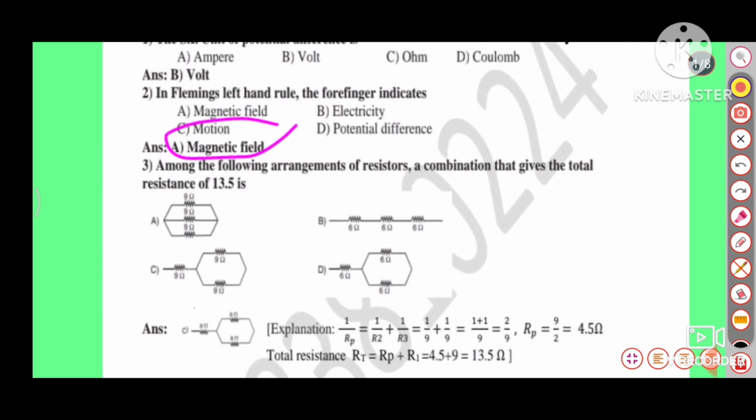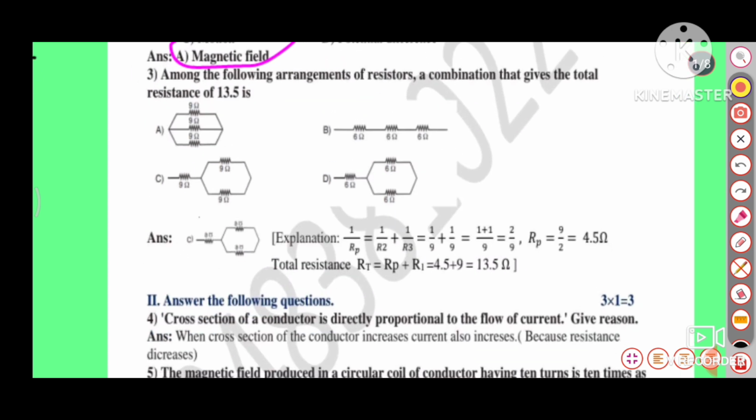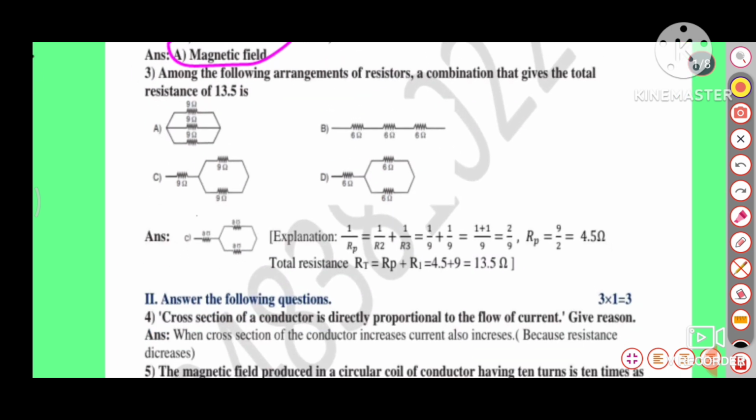Third question, among the following arrangement of resistors, a combination that gives the total resistance of 13.5 is. The right answer is C.